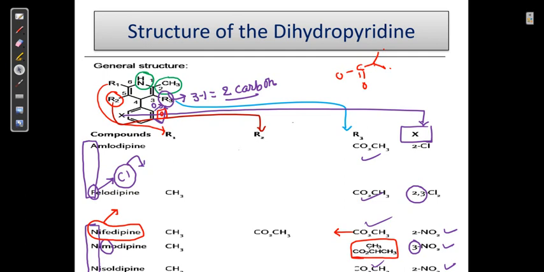That is 2 carbon. But after that, what is important is the size to lock it. So they have increased the size. In case of amlodipine and felodipine, they have just increased by one carbon.